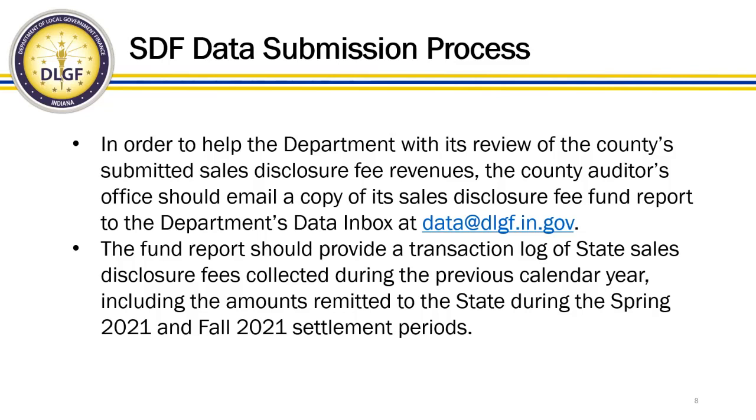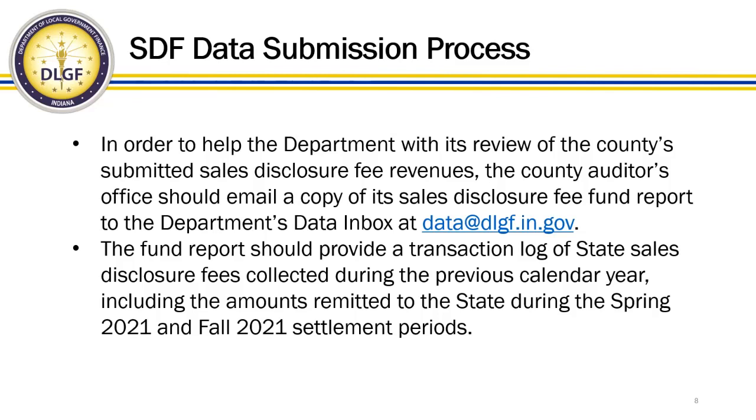During the past couple of review cycles, we've taken a proactive approach, and we've asked all county auditors to send this report to us, usually in early to mid-January, so that the data team has it at our disposal. We can then use it as a reference if need be when going through the sales disclosure data and trying to reconcile potential discrepancies with the revenues that we're seeing.